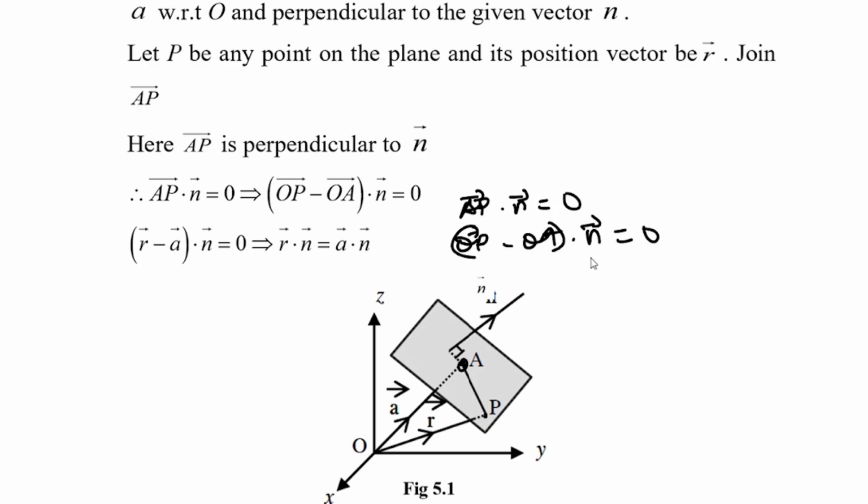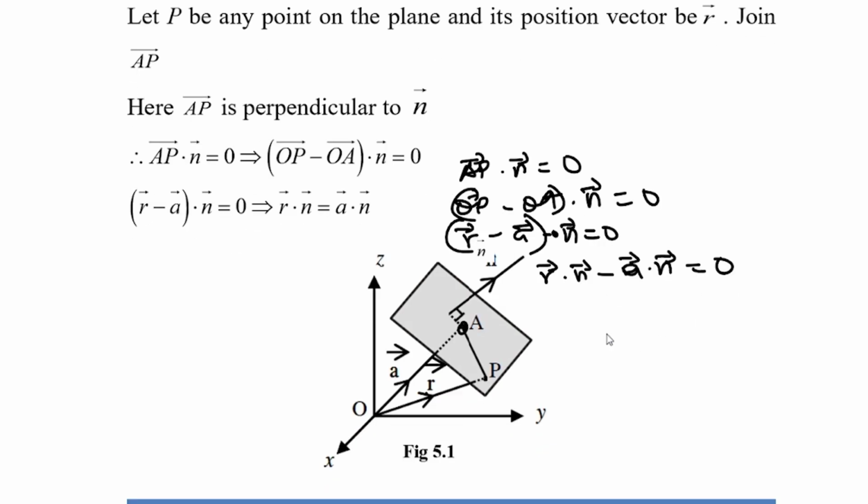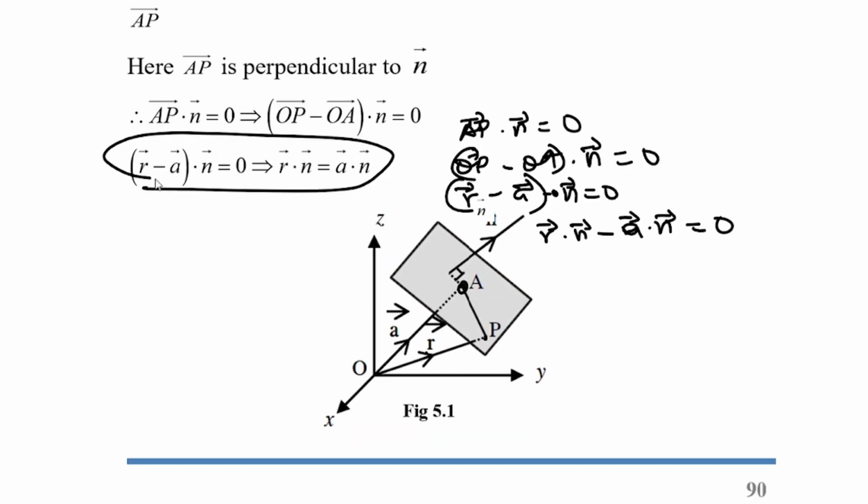We already said that the position vector of P is r, so in place of OP we put r, and the position vector of A is a, so in place of OA we put a. So (r minus a) dot N equals 0. When I do an expansion here, I'm going to have r dot N minus a dot N equals 0. So that is exactly what we have here.